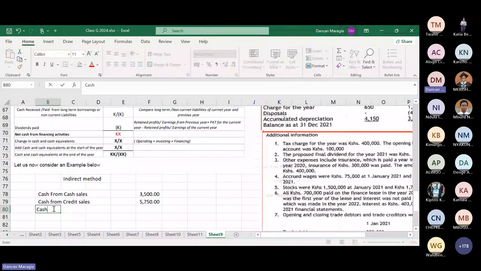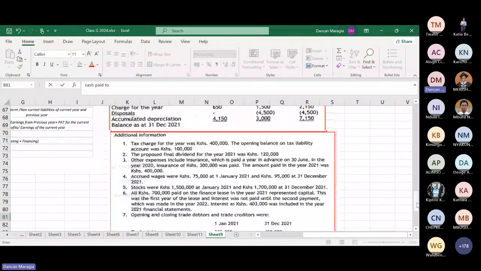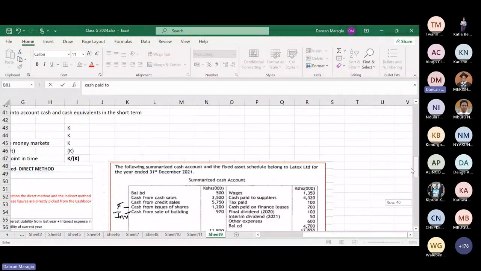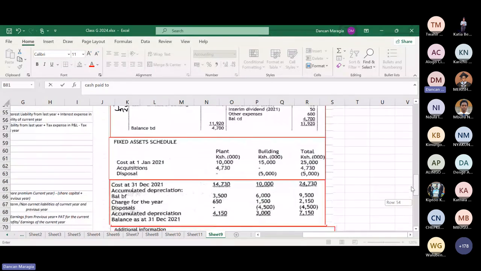Any payment will be shown as a negative. Cash paid to wages is 1,350, and cash paid to suppliers is 4,320.